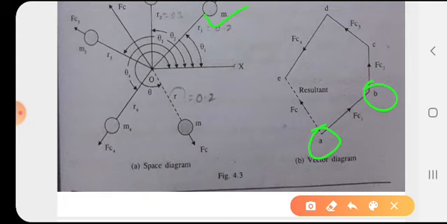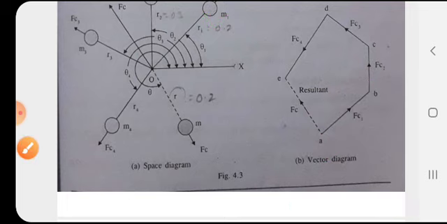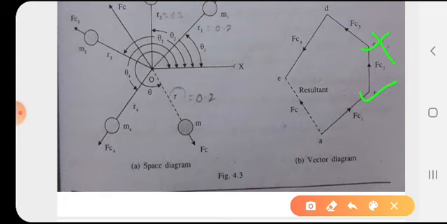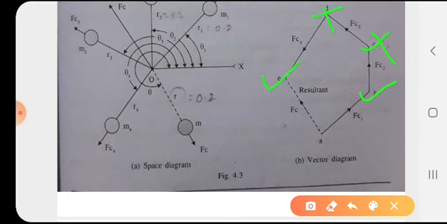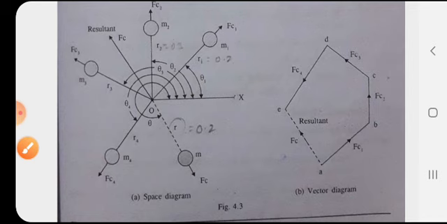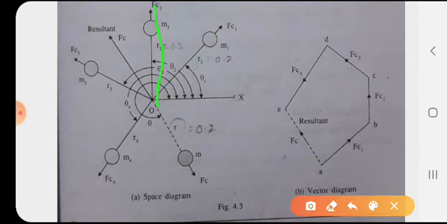Similarly draw the lines BC, CD, DE. That means the line for Fc1 is parallel to AB, the line for Fc2 is parallel to BC, the line for Fc3 is parallel to CD, and similarly the line for Fc4 is parallel to DE.